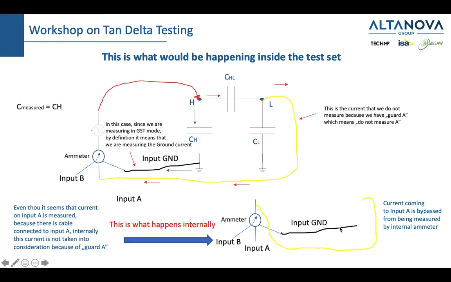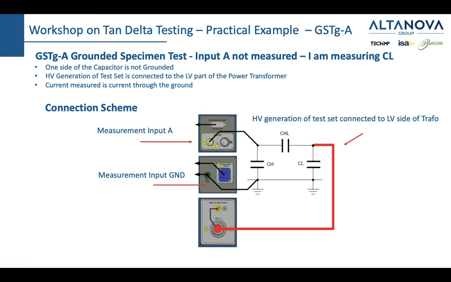I am measuring the current coming through the ground, but I'm bypassing the ammeter with the current running through the capacitance CHL. And effectively, I'm only measuring this current here, which means that I'm only measuring the capacitance of CH, or capacitor between the high voltage winding and the ground. So I hope this is clear.